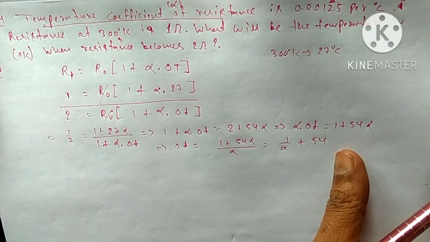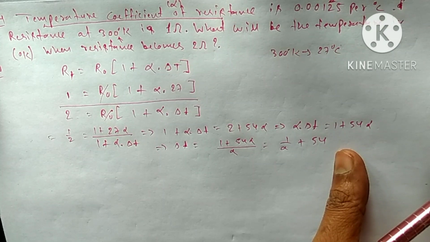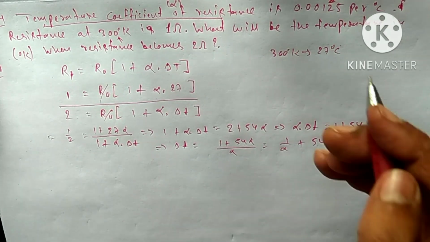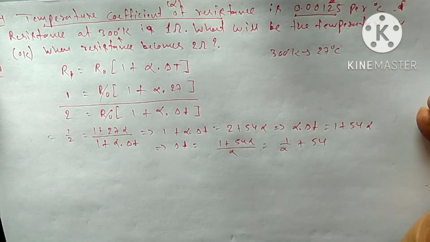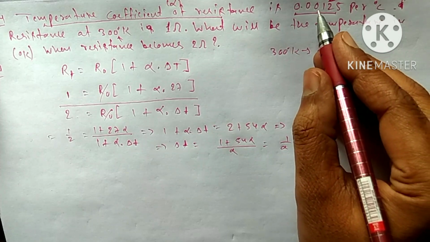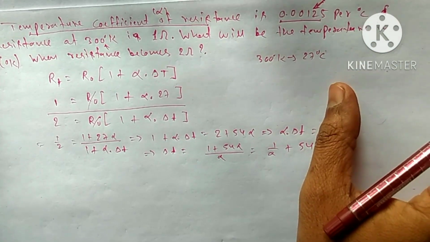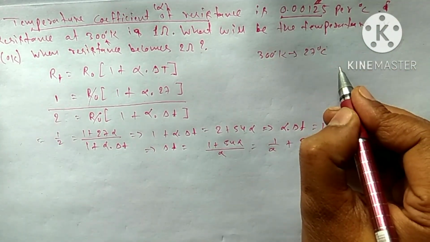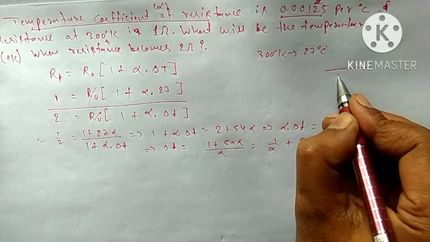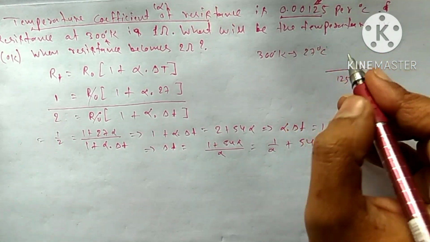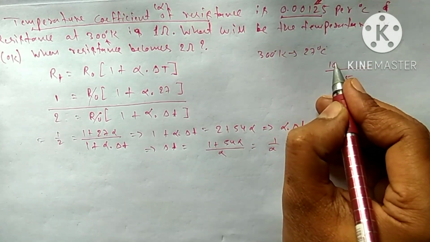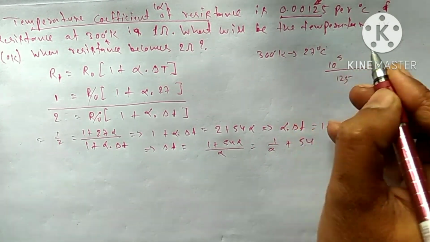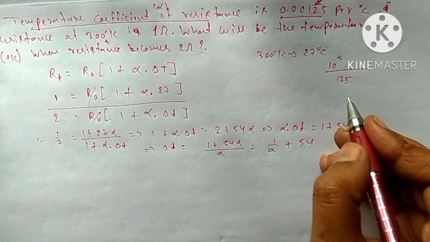So here we get 1 by alpha plus 54. Now we can find the value of 1 by alpha from this value, 0.0125, which is 1 by alpha equal to 125 times 10 to the power 5, and 10 to the 5 goes to the upper side.